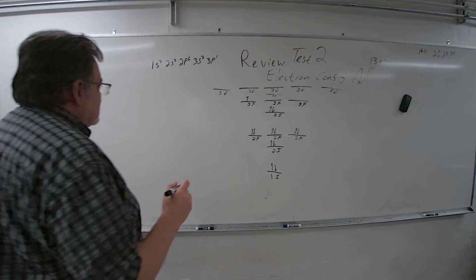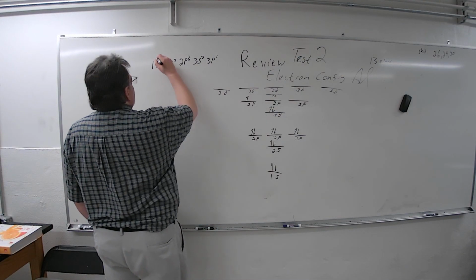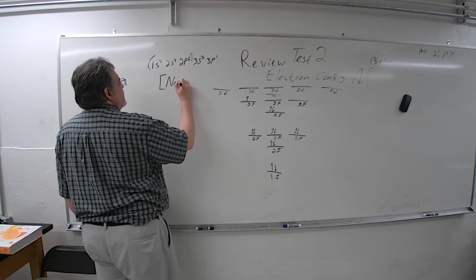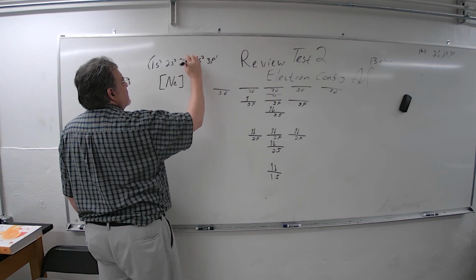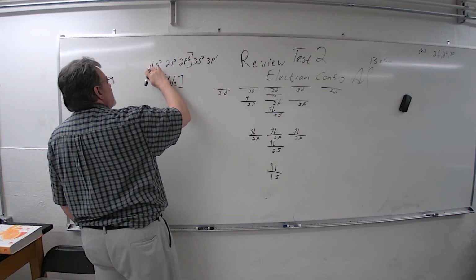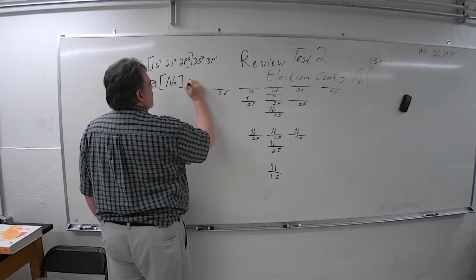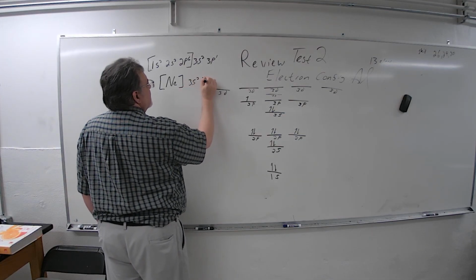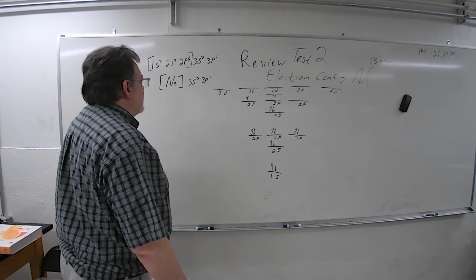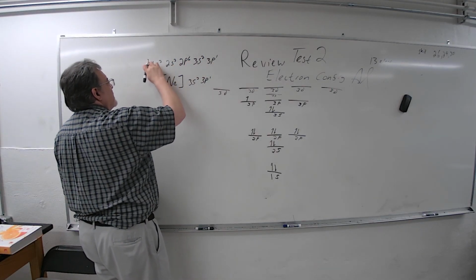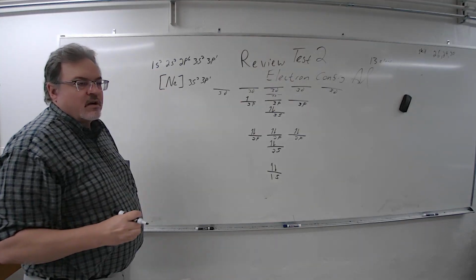We turn all of this into neon, because that is the electron configuration of neon. And then we can go 3s2 3p1. There's another way to represent it. So now I've shown you 3 different ways to represent the electron configuration.